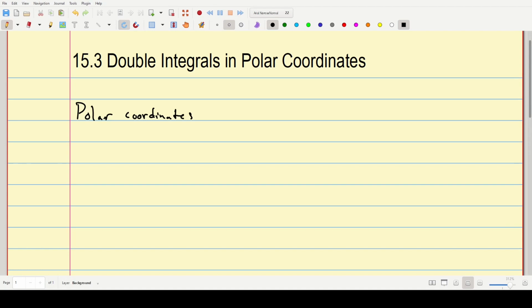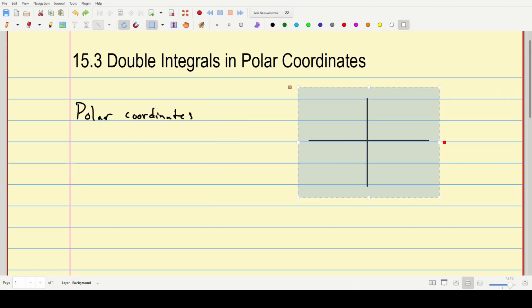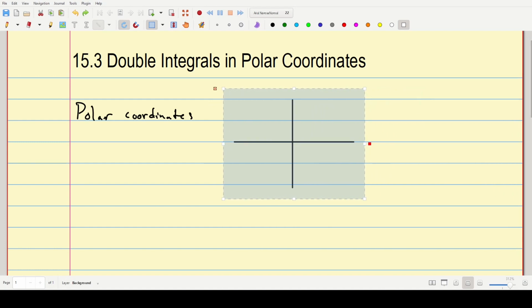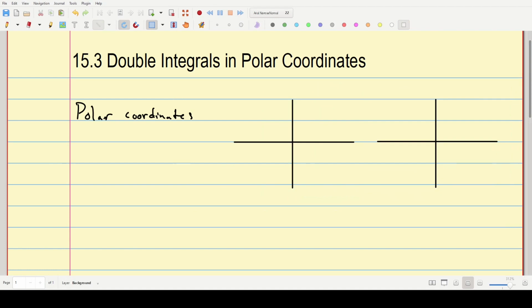Polar coordinates. There are a couple of classes of domain.